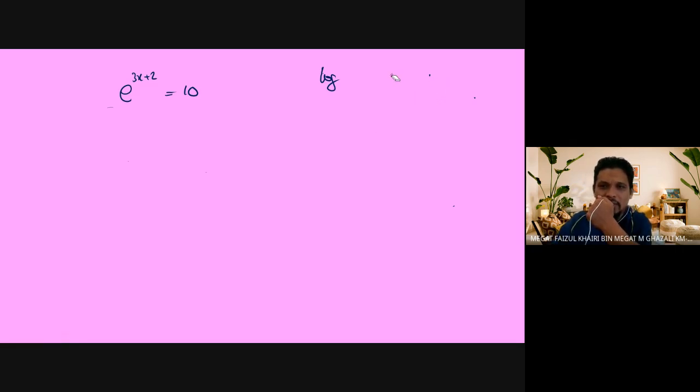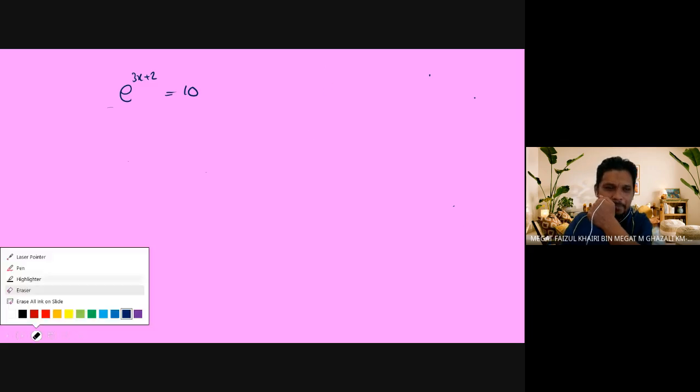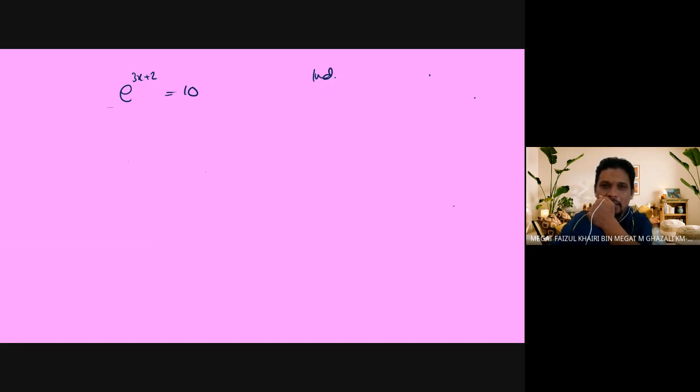Biasanya saya akan tulis the index dulu. So a to the power of x equal to b, we write this in the form of log, where log to the base a, this is a here, and b equal to the power of this index here, which is x.